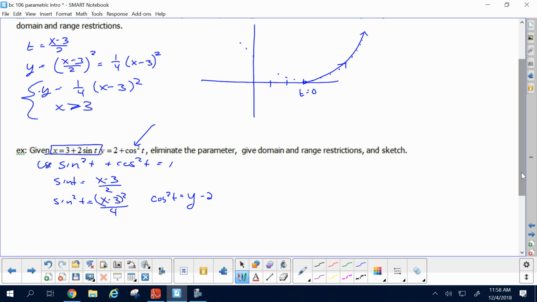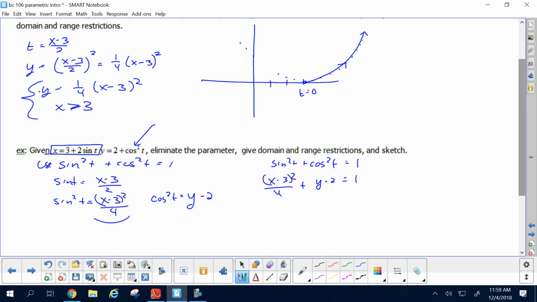Now, if I were to take those, using the fact that sine squared plus cosine squared is 1, and substituting in what sine squared is for this problem, (x minus 3) squared over 4, and what cosine squared is, y minus 2, equals 1, then we get an x to y equation. You follow? Now it says, eliminate the parameter. Check. Give domain and range restrictions.